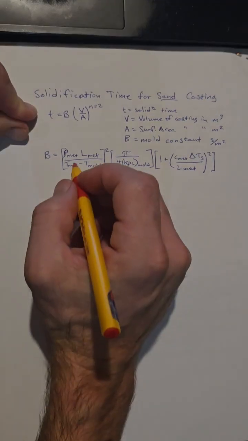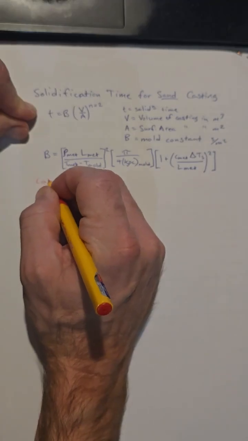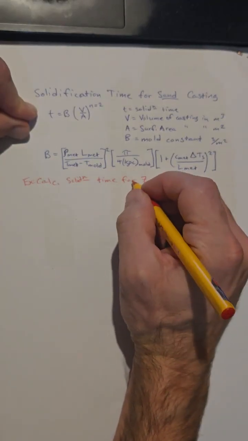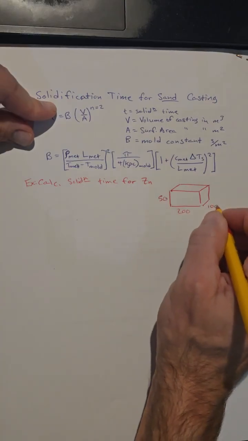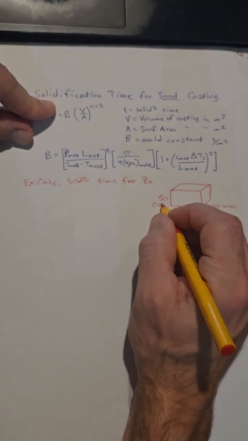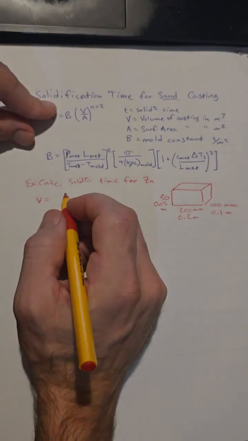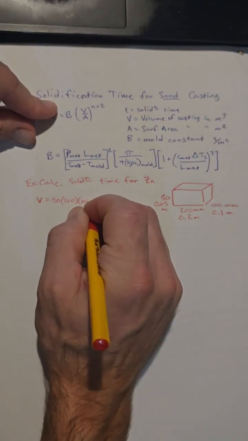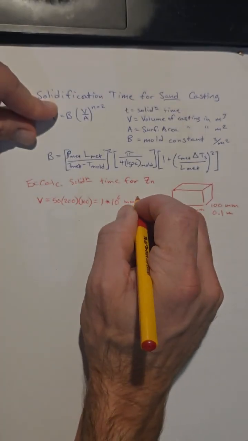Now, if we start applying some values here, let's say we want to calculate solidification time for a zinc casting with the following shape, 50 by 200 by 100 millimeters. That's 0.05, 0.2, 0.1 meters. Therefore, the volume is going to equal 50 times 200 times 100 equals 1 times 10 to the 6th millimeters cubed.